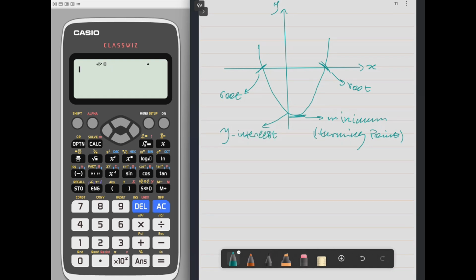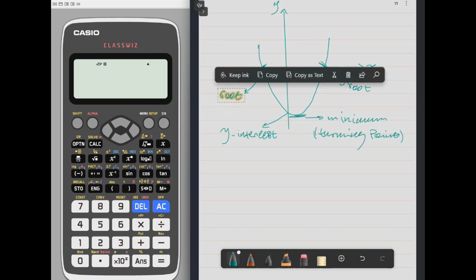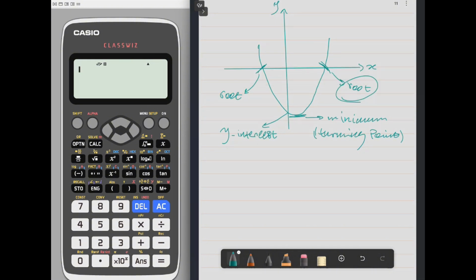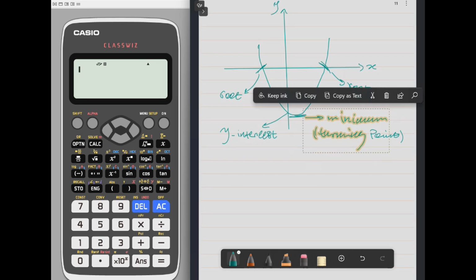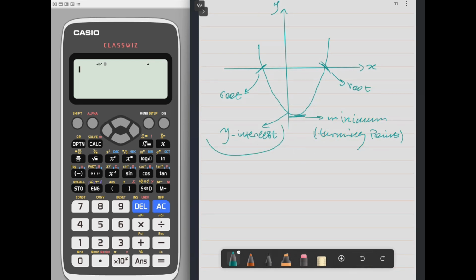You see these 4 coordinates? These 4 terms that I have defined: 1 root, 2 root, you have your minimum, and you have your y-intercept. You have to show all of these on a sketch if you are required to sketch a graph of a quadratic, right? So you have to define all of these.